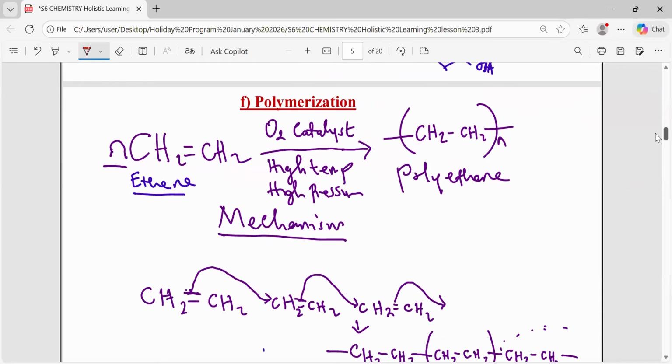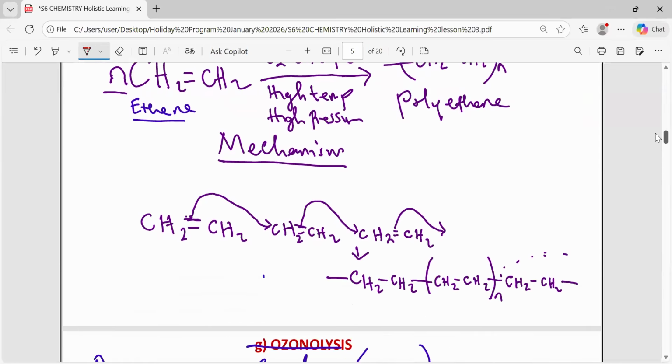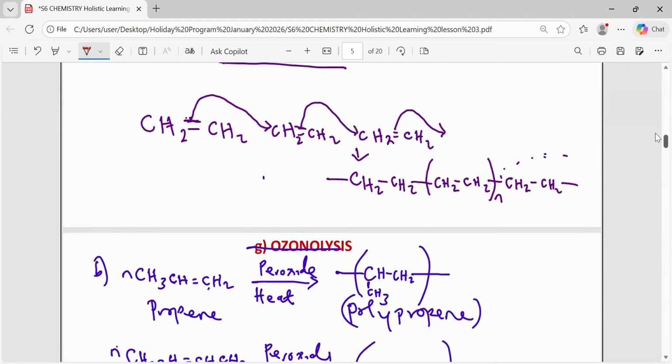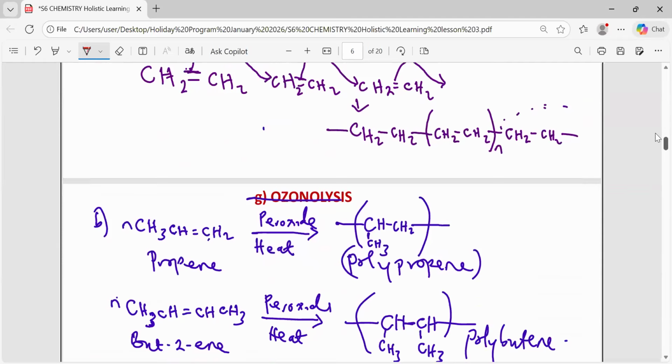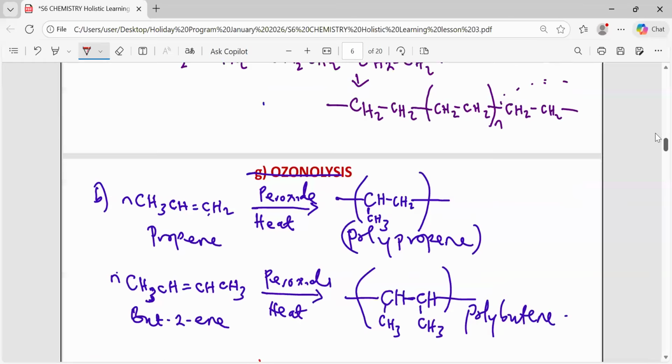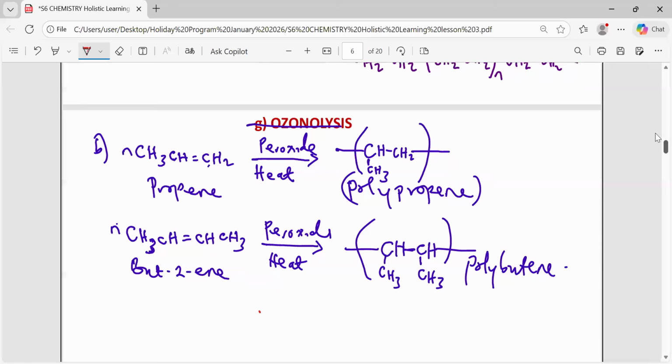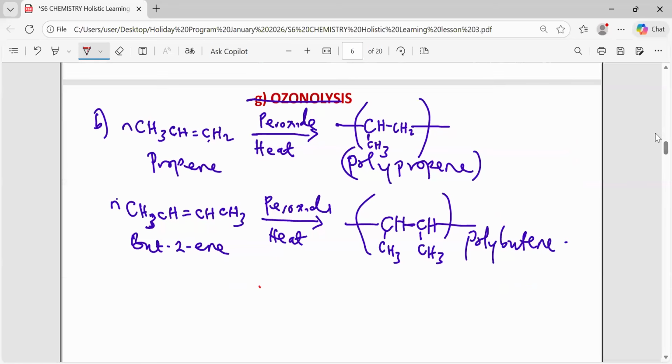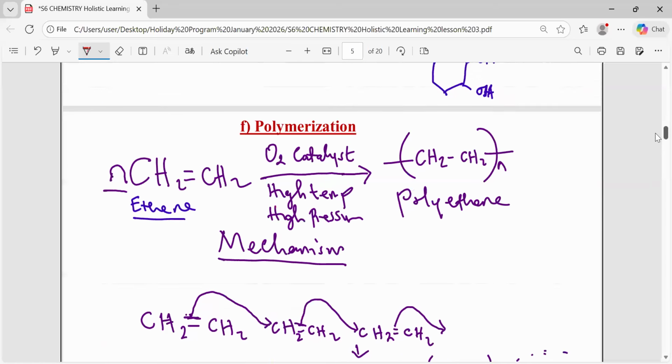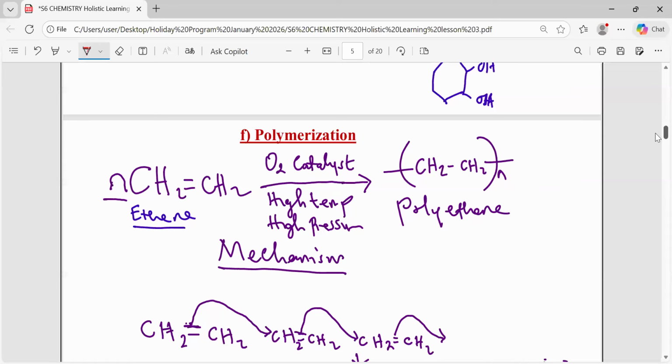Understand which product we get and how we get it, and then you can know some reagents that give us those products. You already told me the one you know, and now I've introduced you to peroxide with heat. I've told you the one for oxygen catalyst, high temperature and high pressure.